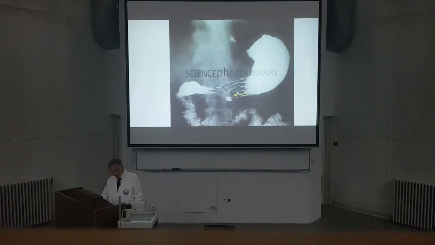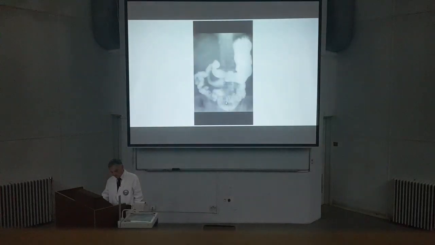But if you look here, the barium has gone into a pit and did not empty. This is what is called an ulcer crater. So this is a diagnosis of gastric ulcer.